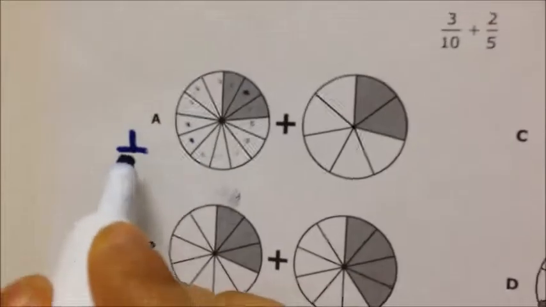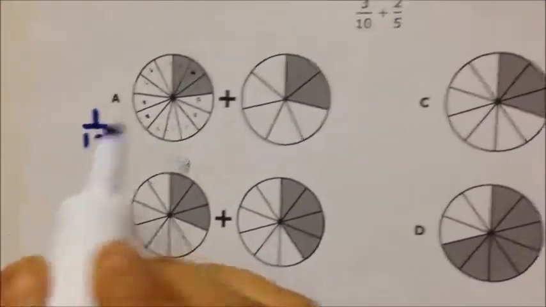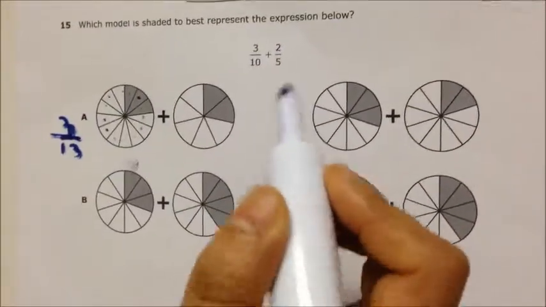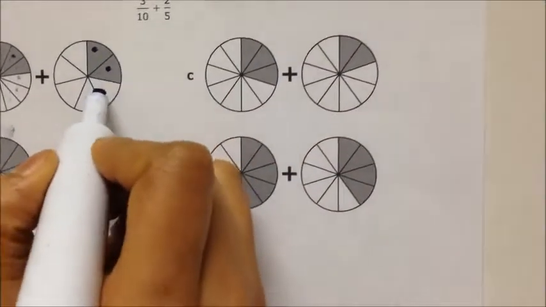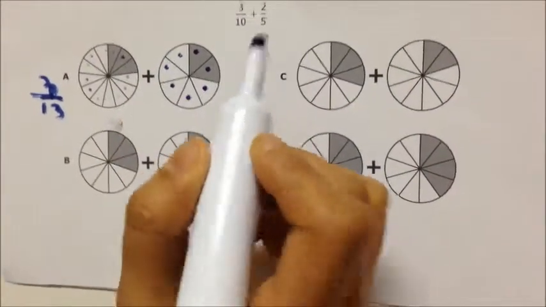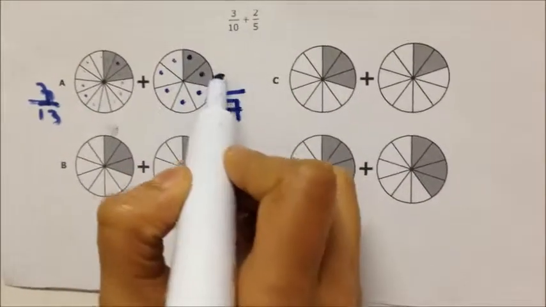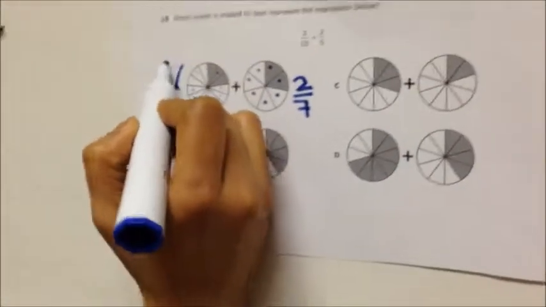So each part is 1/13 and 3 parts are shaded. So this represents 3/13. And this is divided into 1, 2, 3, 4, 5, 6, 7. So the denominator is 7 and 2 parts are shaded. So 2/7. This is not our option.